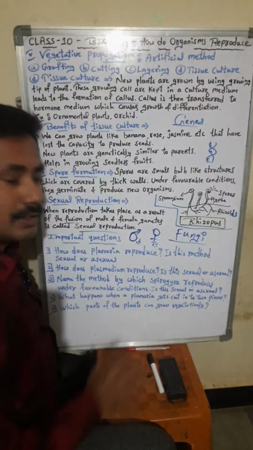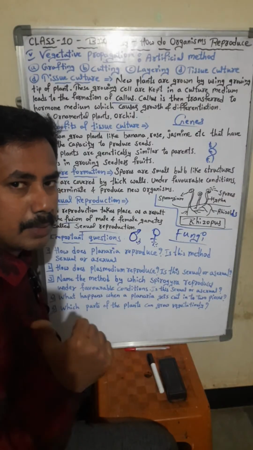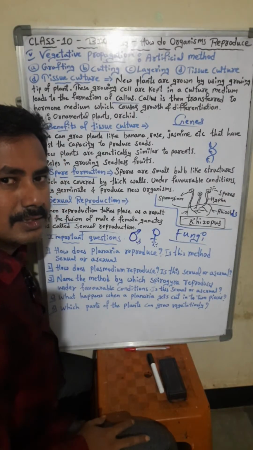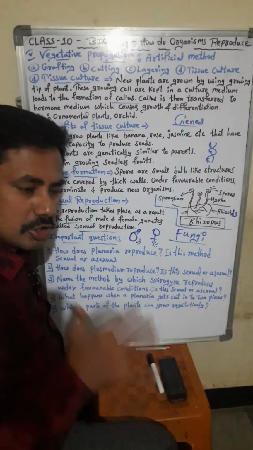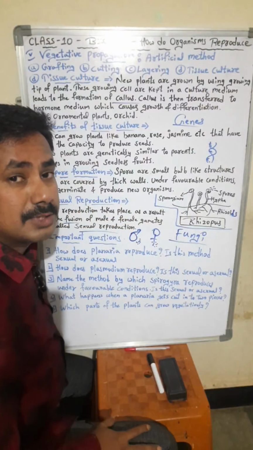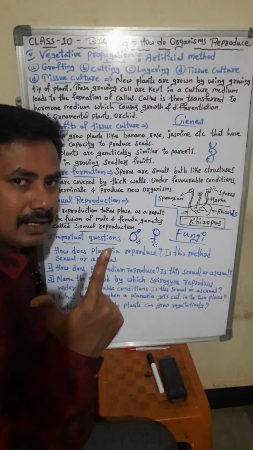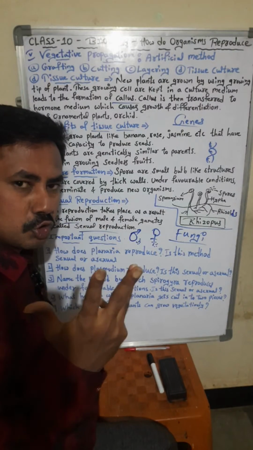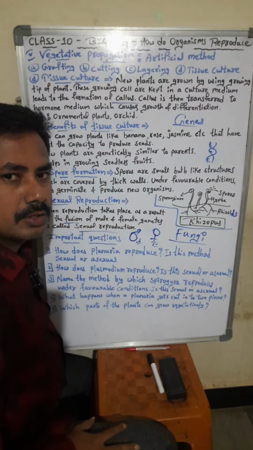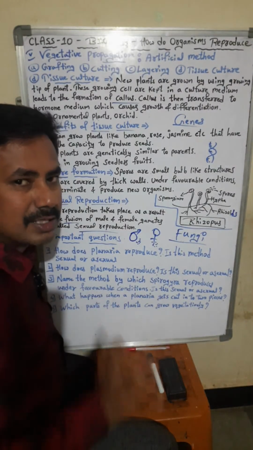In plants also, in higher plants also it happens. In a rose, why does sexual reproduction not take place, students? Because rose comes under lower plants. In plants also there are different types: thallophyta, bryophyta, pteridophyta, gymnosperms, angiosperms. In 9th standard, in the diversity in living organisms chapter, it was there.